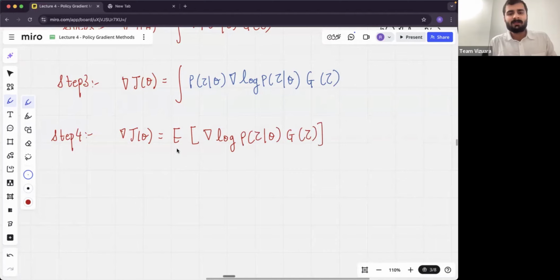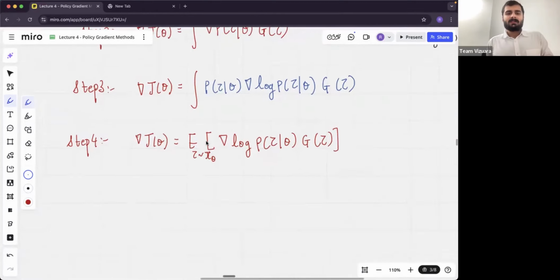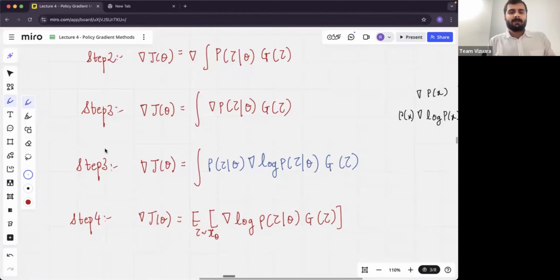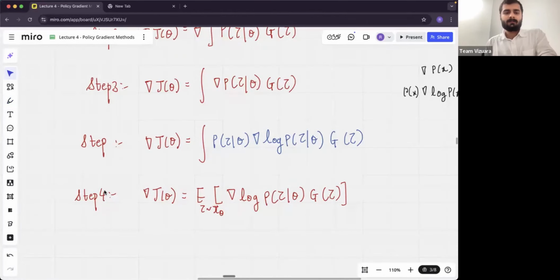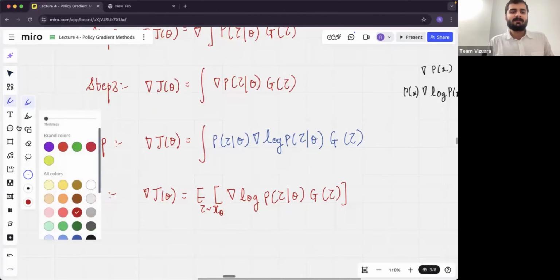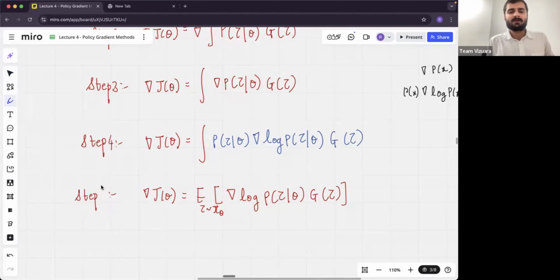And this expectation is taken over all trajectories. So this should be step 5. We are almost there. We only have 7 steps in this process. So step 4, step 5.